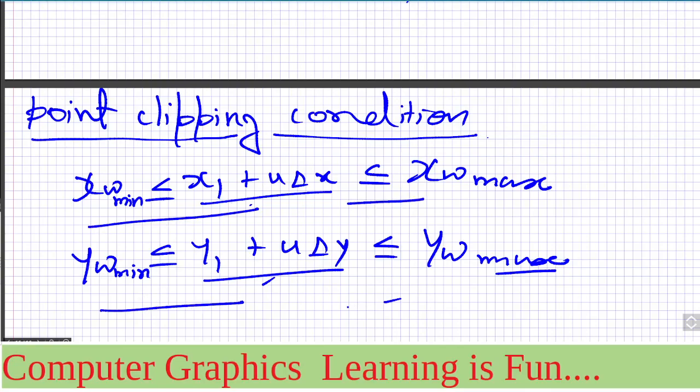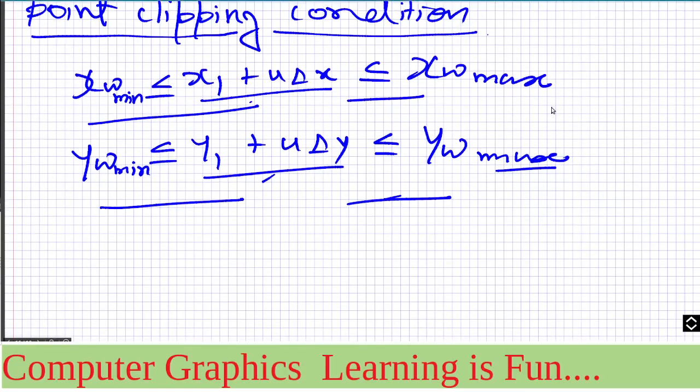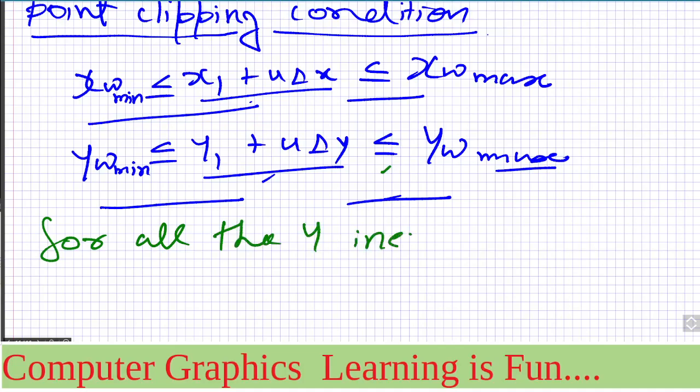If you allow me to write it like this, for all these four inequalities, we are writing something like u pk is less than or equal to qk.